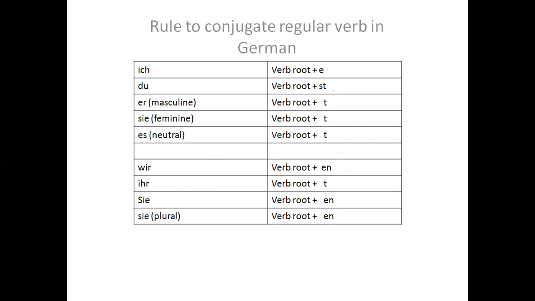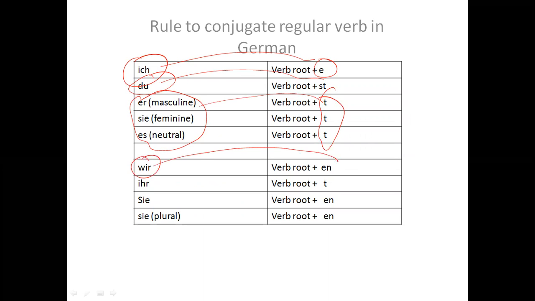Before proceeding to the exercise, I just want to revise the rule: with ich we add e to the verb root, with du we add st, with er, sie or es we add t as an ending, with wir we add en, with ihr we add t, with sie or Sie we add en. And you are already aware of the meaning.